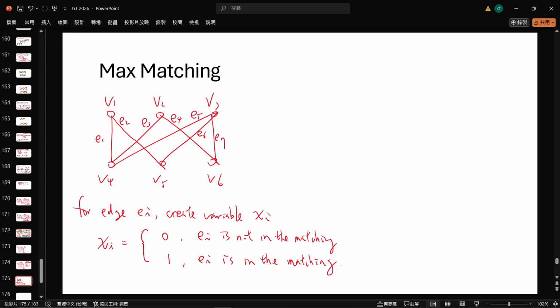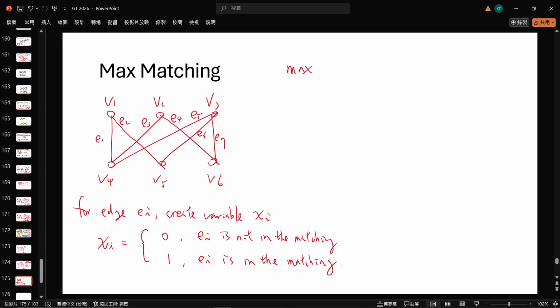All right, so what's the objective function? Because this is a maximization problem, it's max of something.